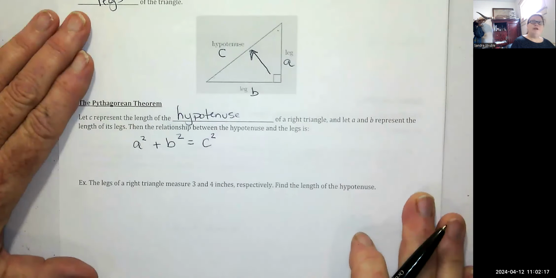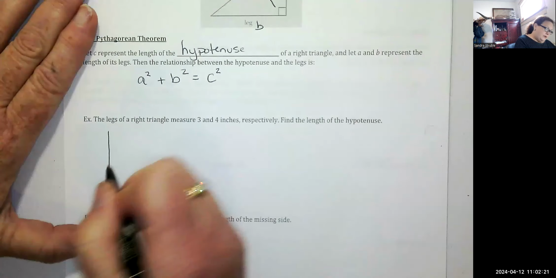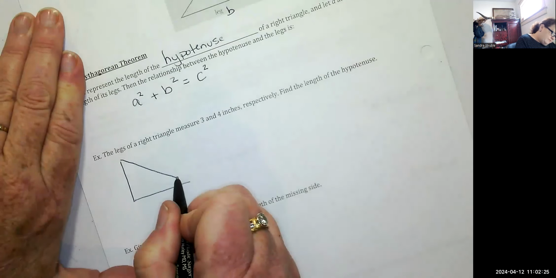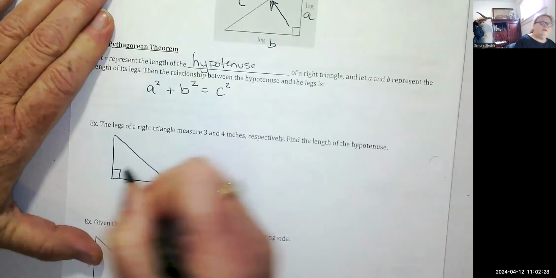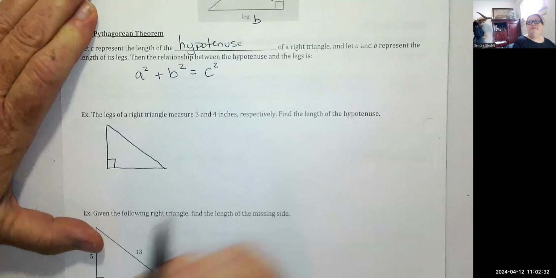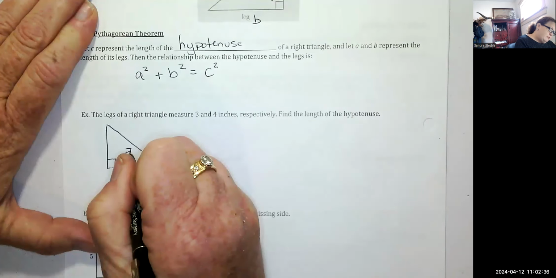All right, they're giving us a problem here. So we've got a right triangle. I cannot usually draw, so bear with me. The legs of a right triangle measure 3 and 4 inches respectively. Find the length of the hypotenuse. Well, the hypotenuse is always directly across from the right angle.